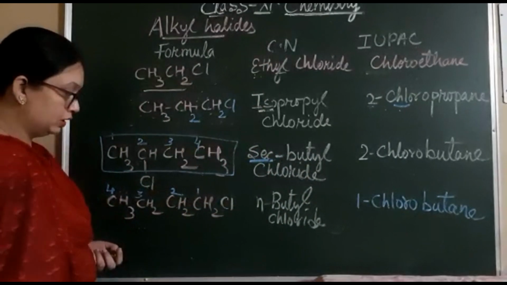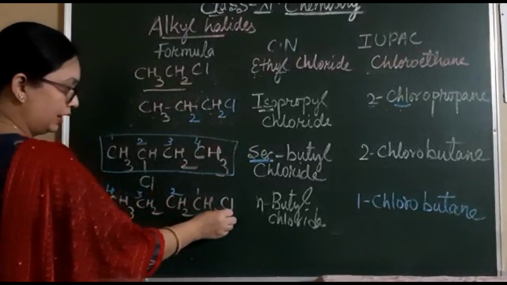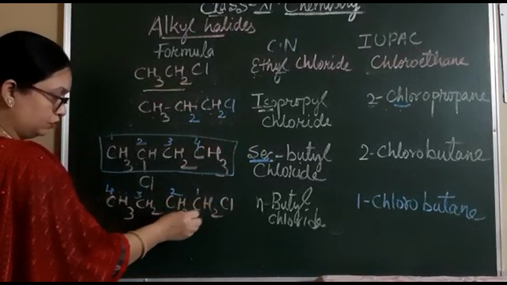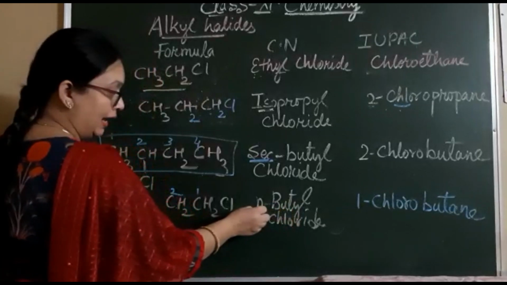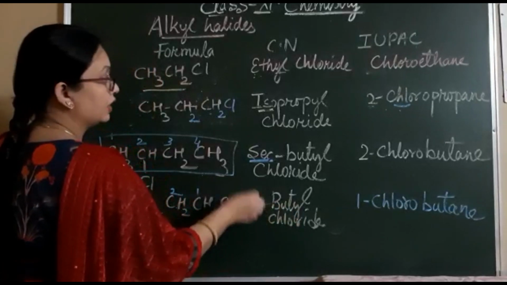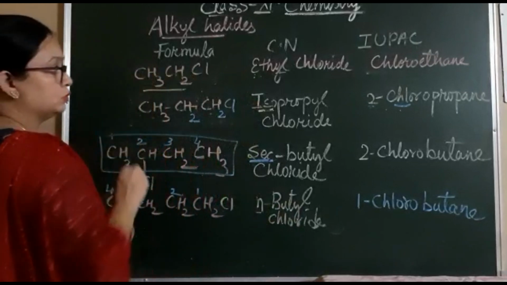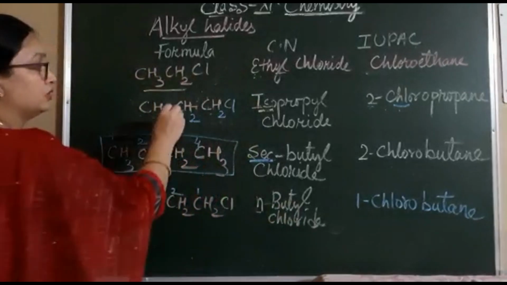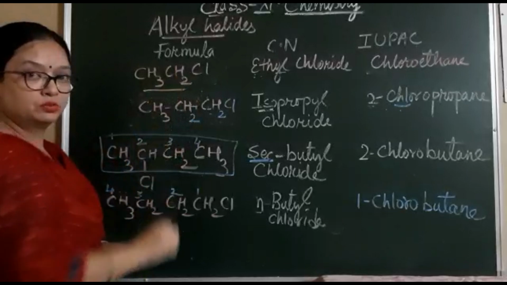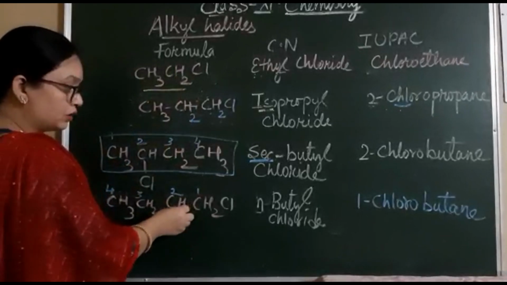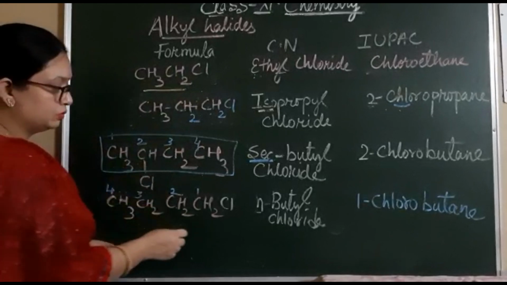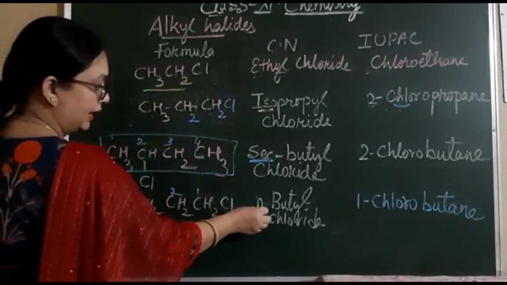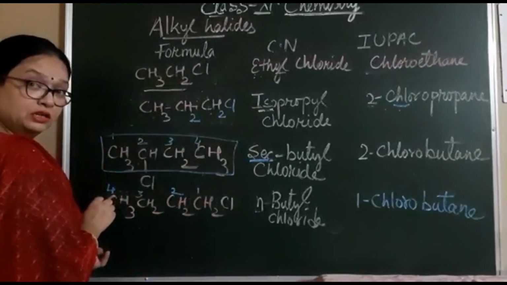Now again you can find here the chlorine is attached to the first carbon atom. At that time what name do you have to write for the common name? N-butyl. See, the word N we are not using for 2 carbon and 3 carbon, because only one possible arrangement is there. From 4 carbon atoms different patterns are possible, isomers are possible. So at that time you have to write N, meaning all the carbons are in a straight chain.